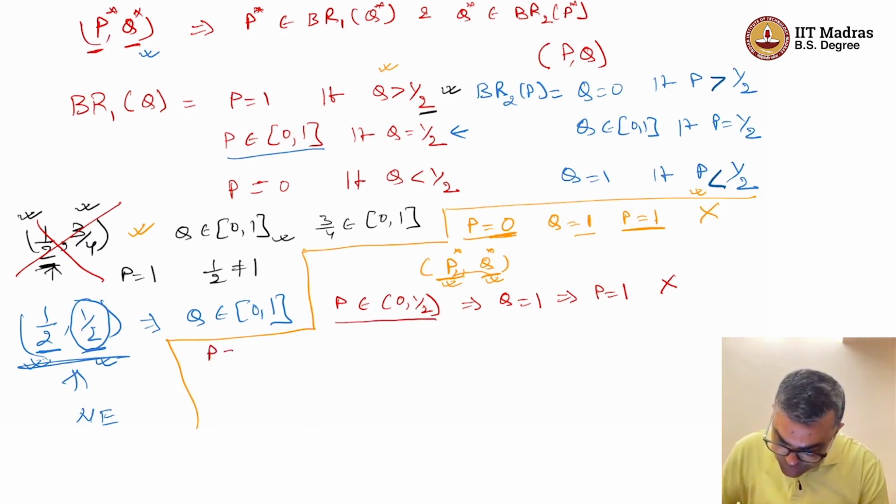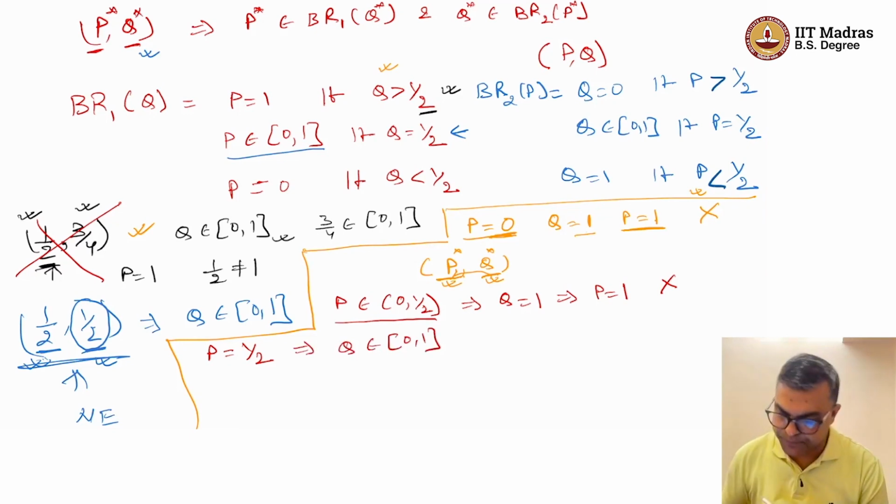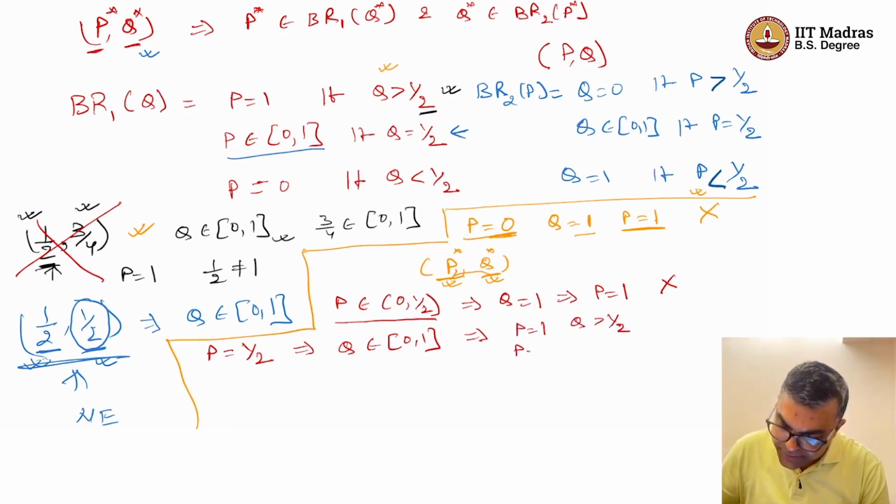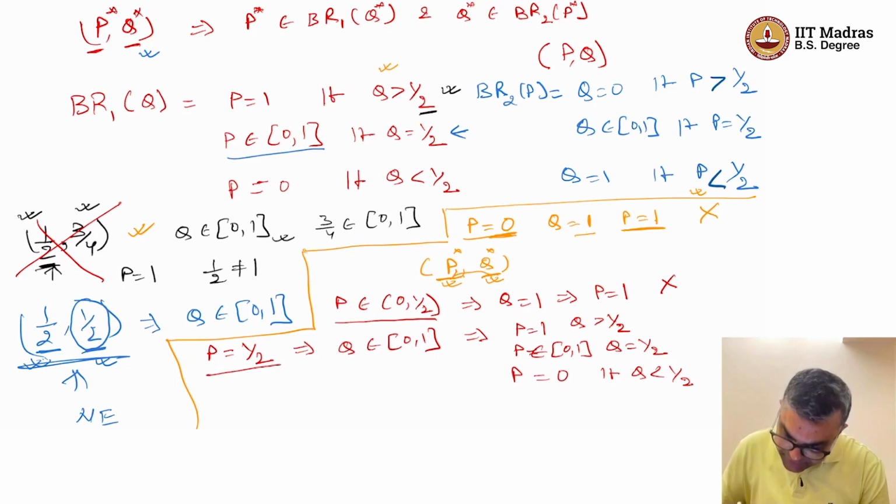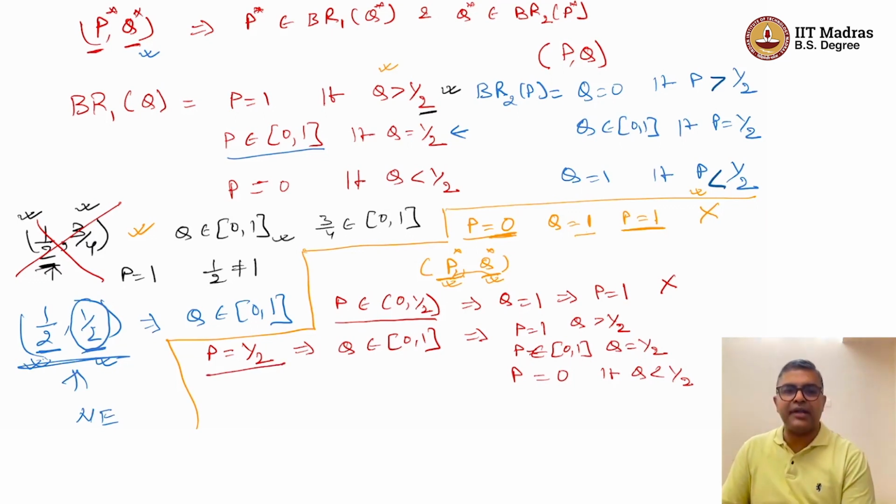Now let us come to P equal to half. If P equal to half, all Q's are possible. That gives us all the possibilities: P equal to 1 when Q is greater than half, P equal to 0 comma 1 when Q is equal to half, and P is equal to 0 if Q is less than half. So we have started with P equal to half. Our aim is to come back to P equal to half.